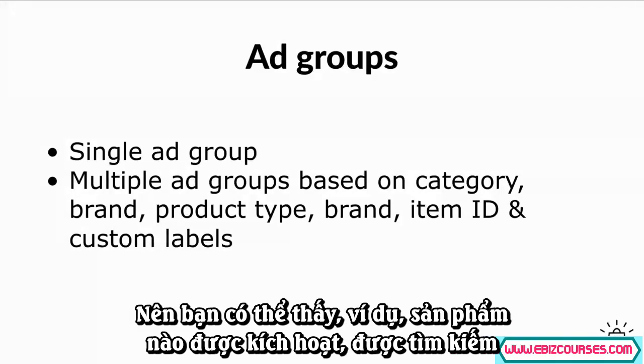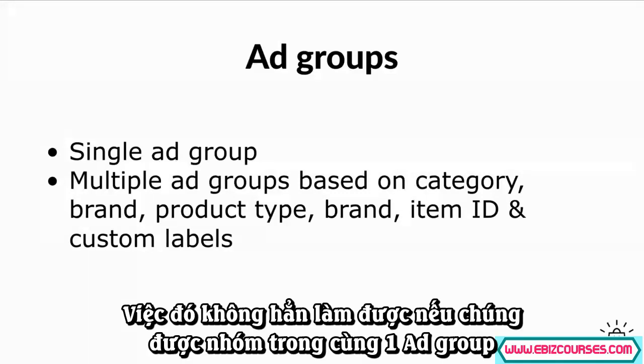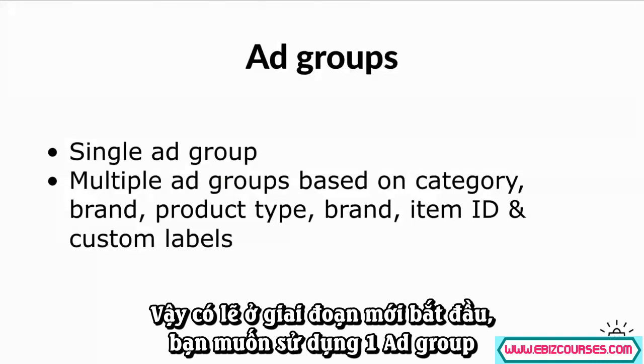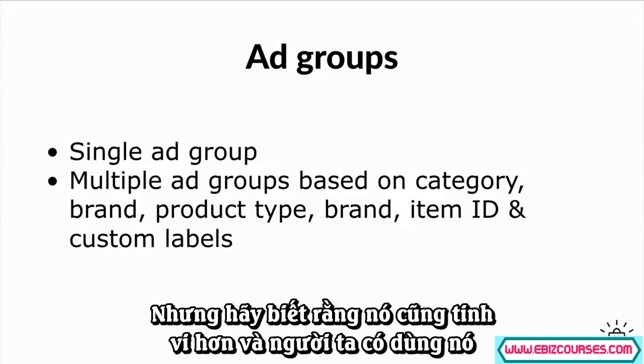So you can, for example, see which product triggers which searches, which isn't really possible if they're grouped in the same ad group. So probably at the start you want to use a single ad group, but know that multiple ad groups are more sophisticated and people do use them.